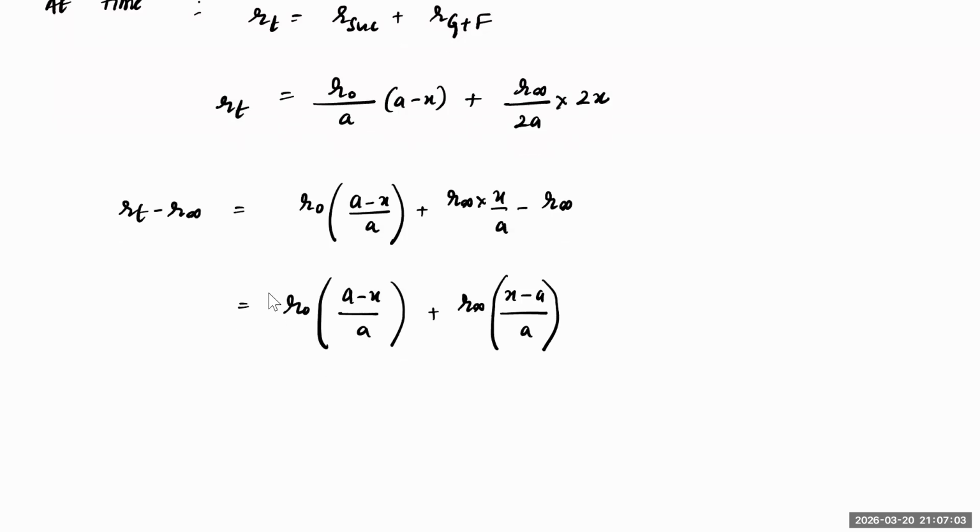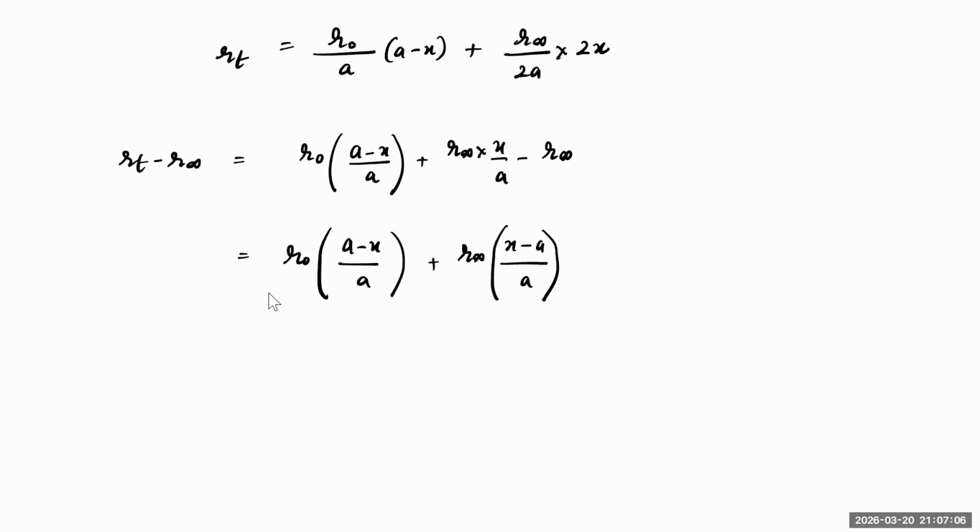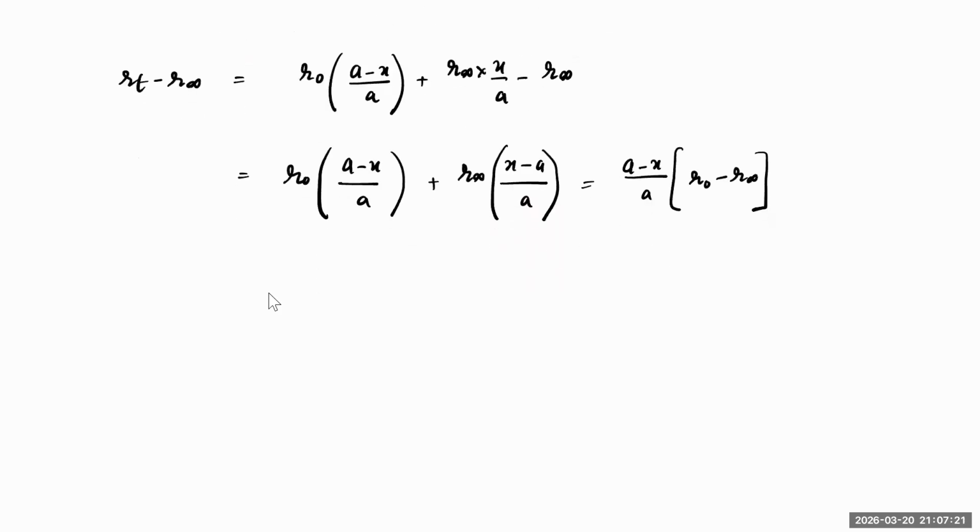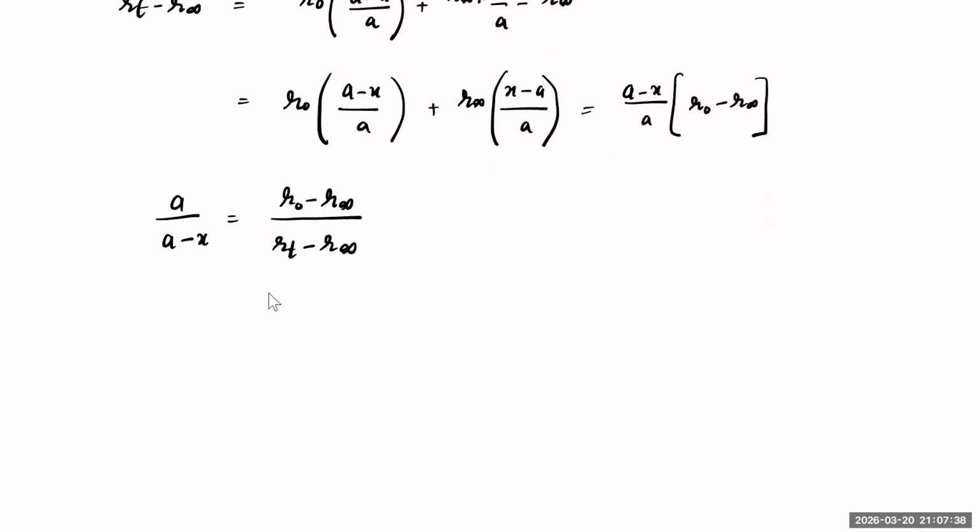Now you can see these two things can come common, so I will write this as (a minus x) by a coming out common, into R naught minus R infinity. Now if I bring this entire term a by a minus x to the left hand side, I will get a by a minus x is equal to R naught minus R infinity by Rt minus R infinity.